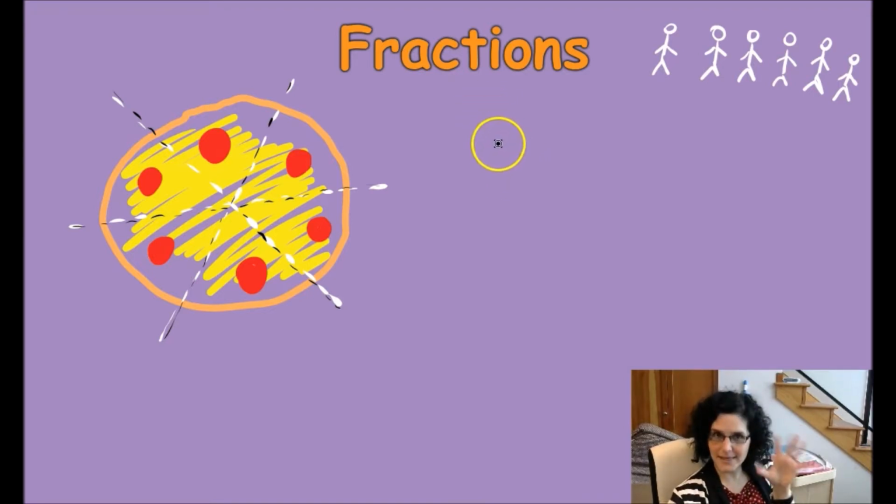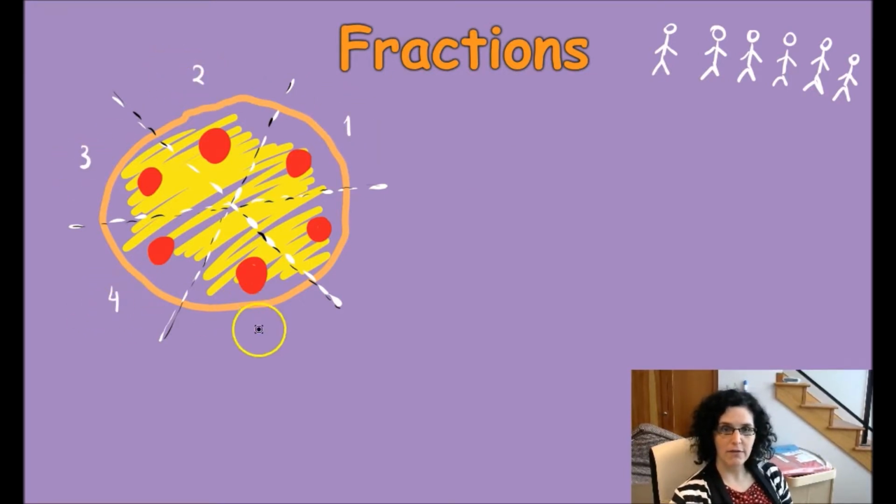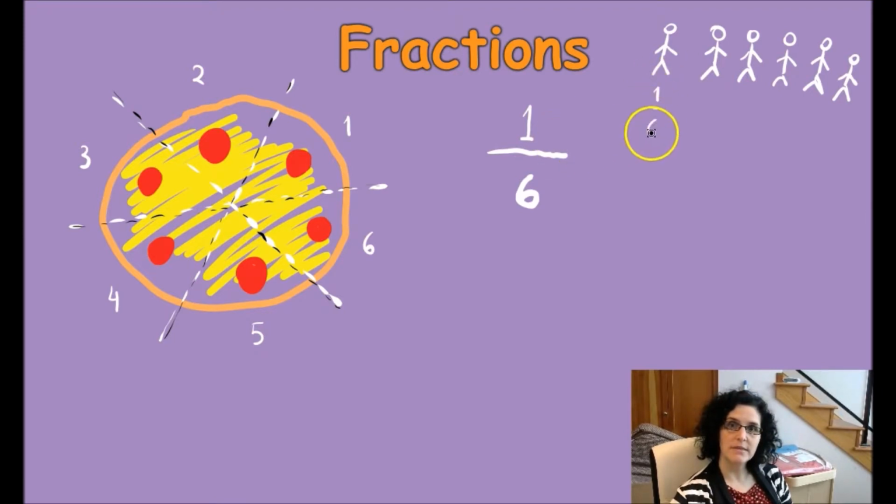The number of pieces, we're going to count now: 1, 2, 3, 4, 5, 6. That is my number of pieces, so I put 6 on the bottom. And each one of my friends is going to get 1, so 1/6 of my pizza.